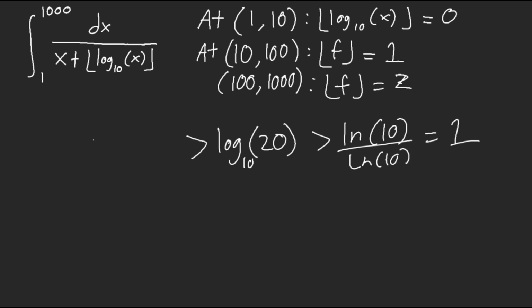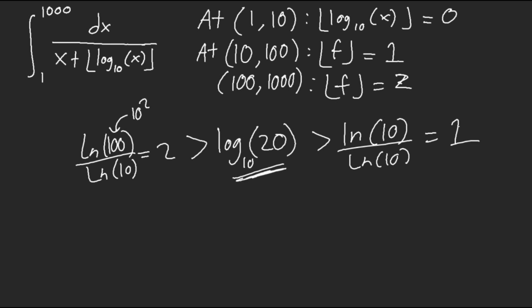However, note that ln of 100 divided by ln of 10 is equal to 2, because this is 10 squared. Does that make sense? Using logarithm rules. So because this is between 1 and 2, the floor function of this is going to equal 1. So everything in the interval between 10 to 100 is going to equal 1.